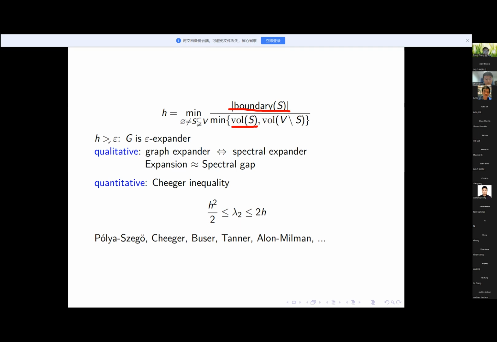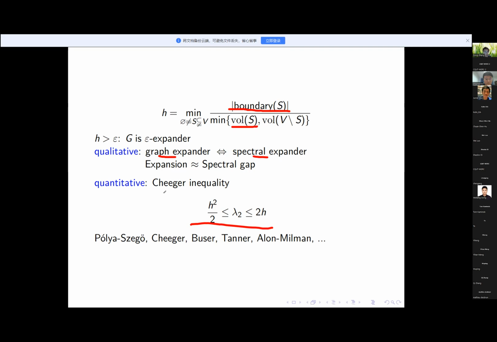A well-known result says that a graph expander is equivalent to a spectral expander. In other words, expansions approximate the spectral gap. And the famous Cheeger inequality, as shown here, is actually a quantitative version of that statement.